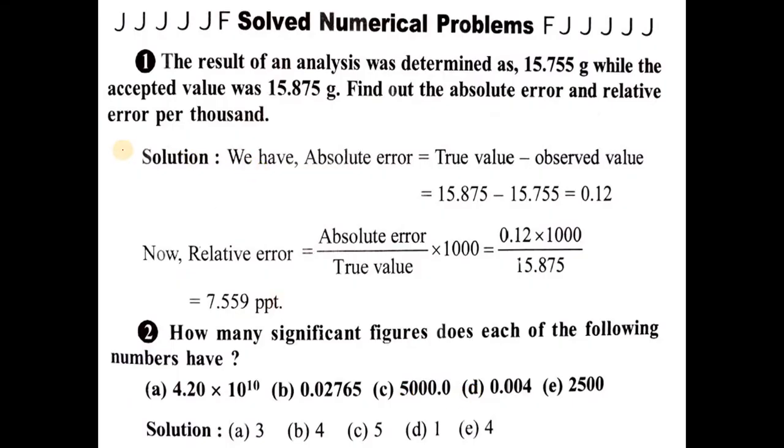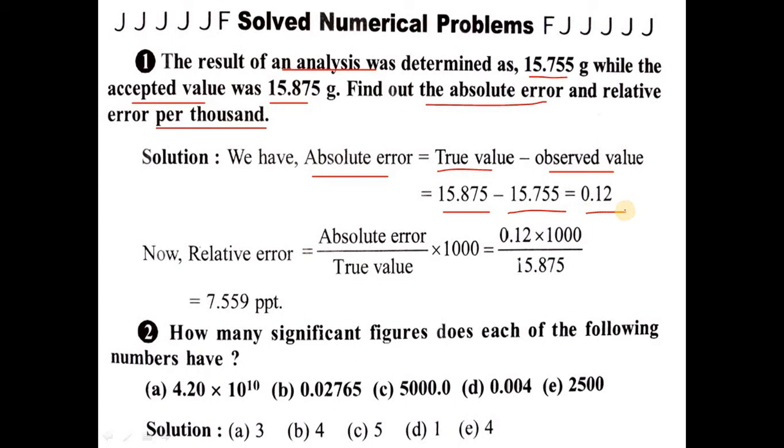So problem number 1: the result of an analysis was determined as 15.755 gram, while the accepted value, that is the true value, is 15.875 gram. Then find out the absolute error and relative error per thousand. We know that absolute error is nothing but the difference between true value and observed value. So this difference, 15.875 minus 15.755, is 0.12.